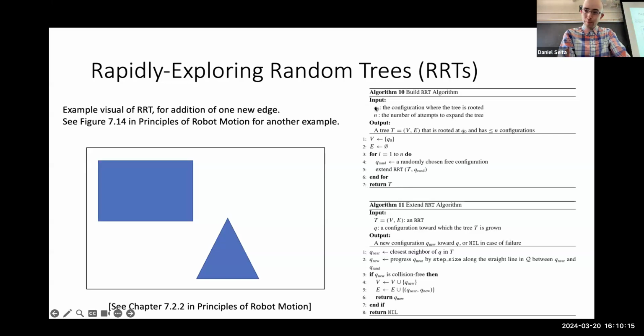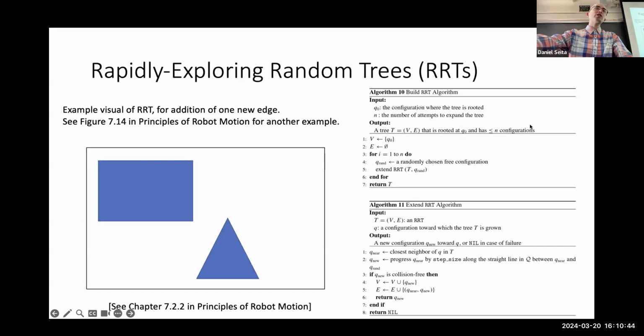So you have some input, which is Q0, the configuration where the tree is rooted. Maybe you just set it at random, maybe from prior knowledge, or whatever the case might be. Then you have some number of attempts to expand the tree. The output is this tree, a set of vertices and edges that is rooted at Q0 and has up to N configurations.